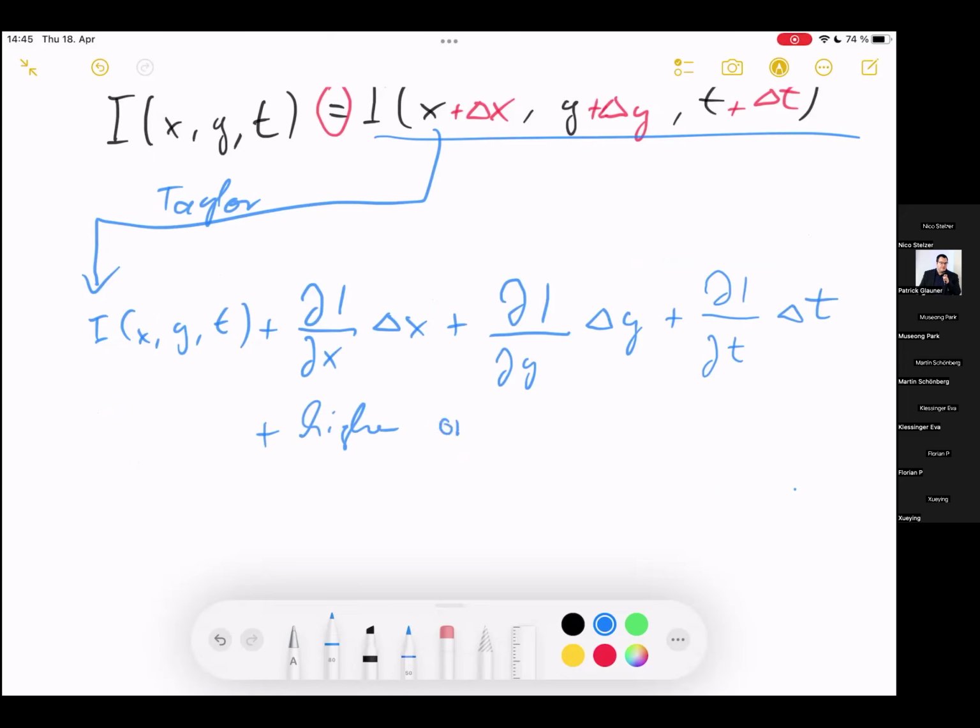Because you can continue this infinitely many times, but we don't care about the higher order terms.